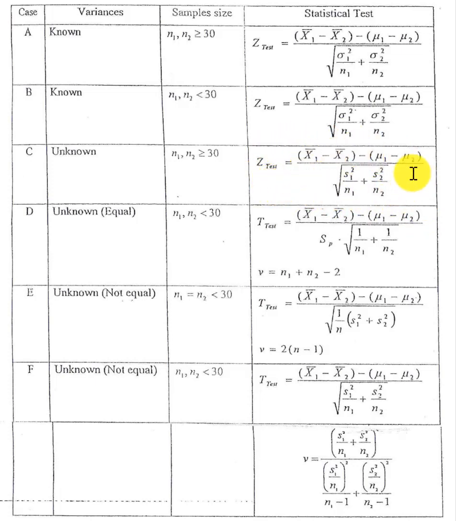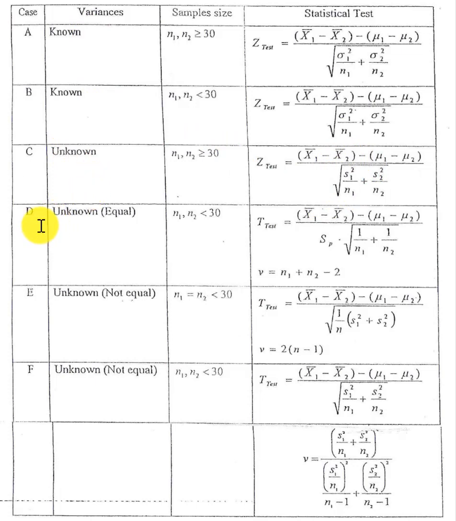It is also a Z test, but with a different formula. For cases A and B, the variance is for the population because we know the population variance. But for case C, we use the variance of the sample because the population variance is unknown.